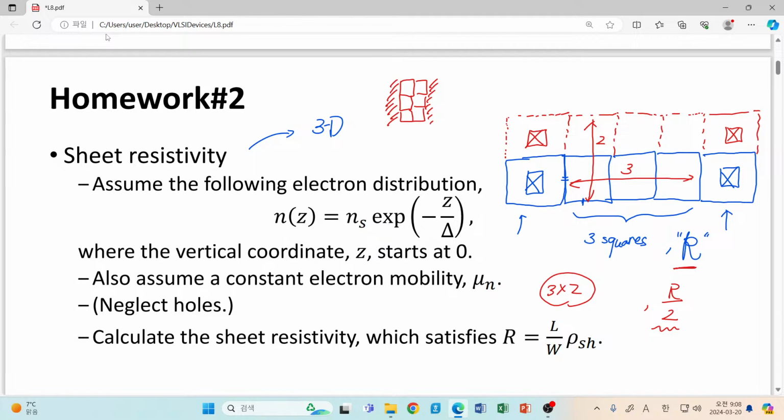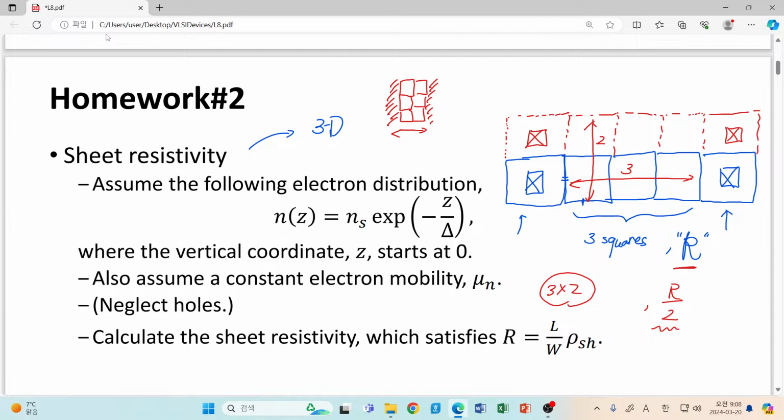It will be further reduced, because now the distance becomes even shorter and the width becomes even longer. So you must travel a shorter distance with more electrons.